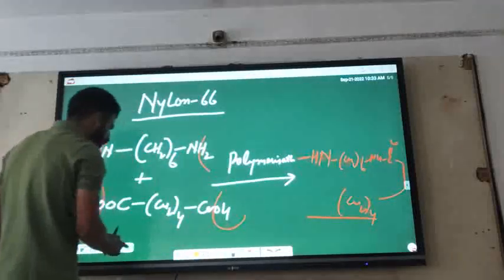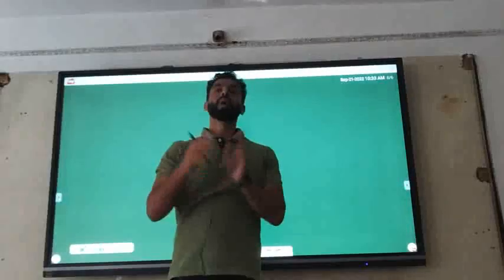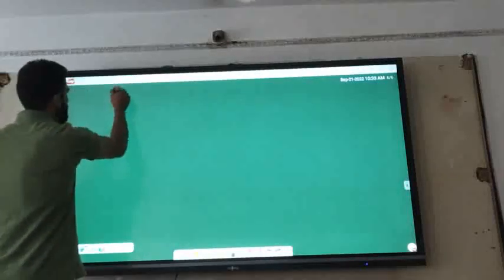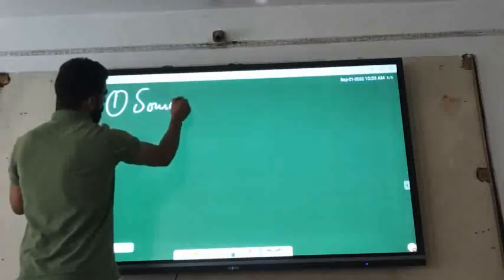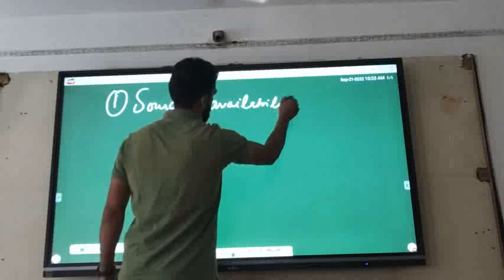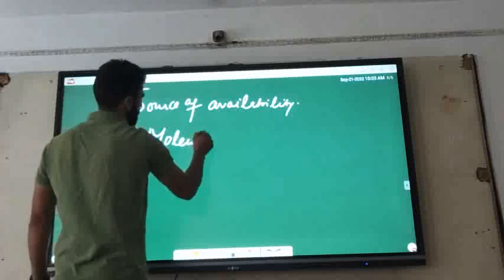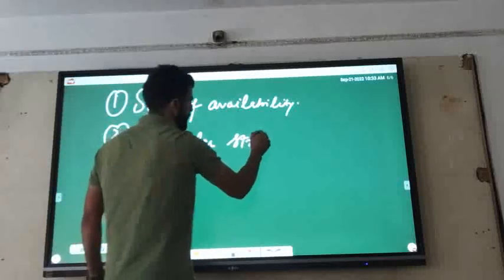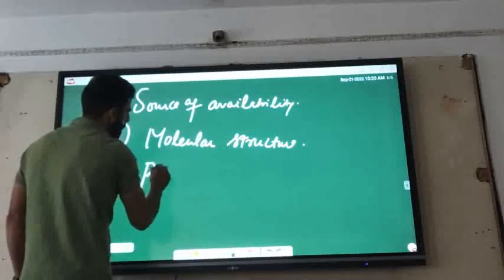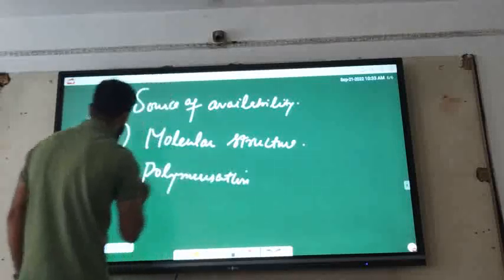Now coming to another classification of polymers. Polymers are broadly classified on the basis of, first, source of availability; second, molecular structure; third, the process of polymerization; and fourth, chemical forces.